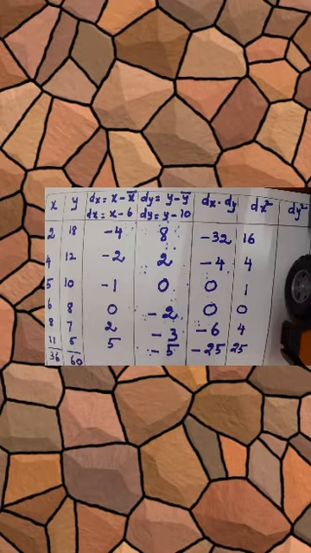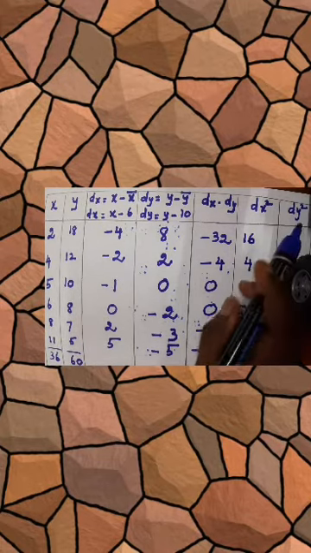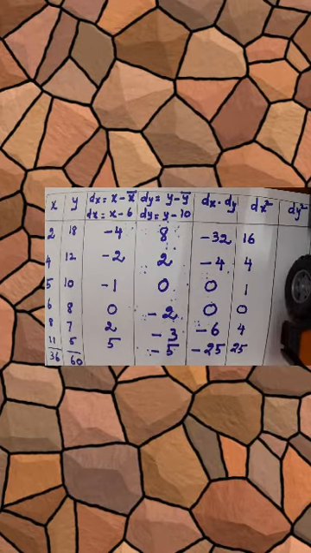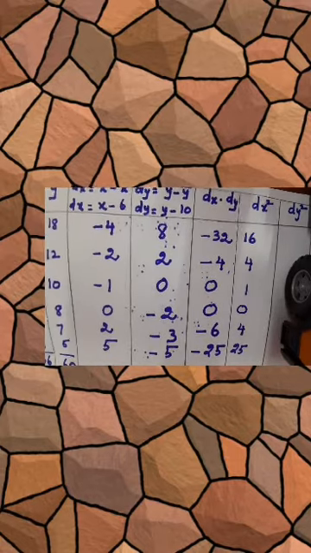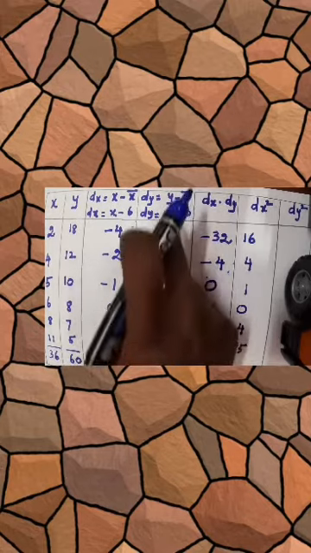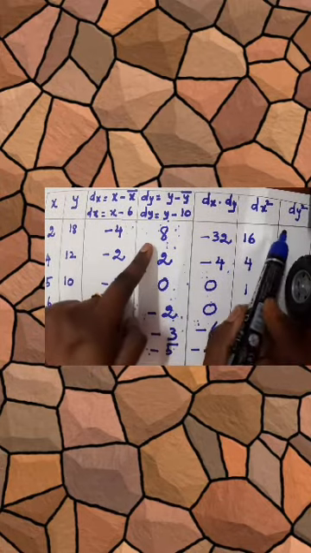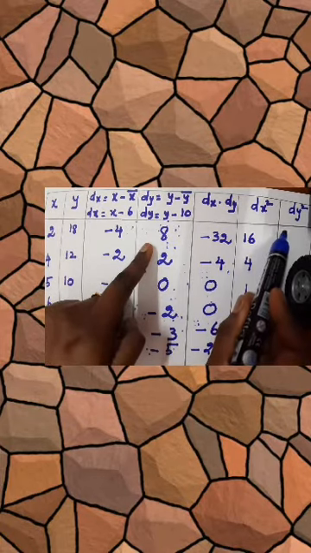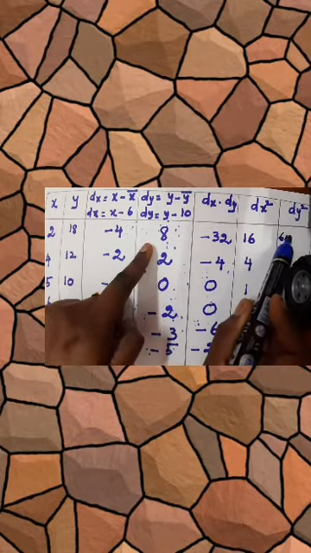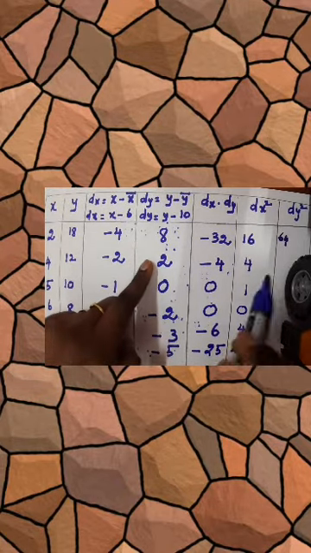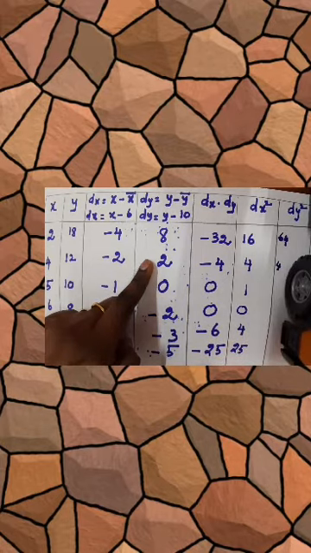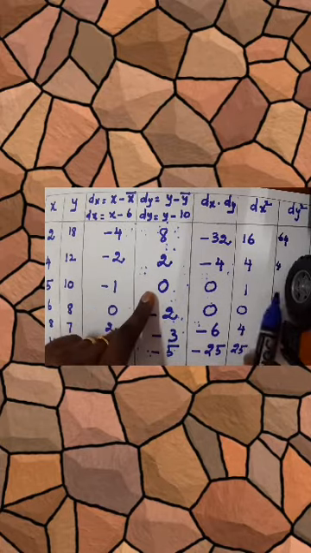Similarly, we have to find dy square. How are we going to do it? We are going to square the dy column. So 8 square will give you 64. Then you have 2 square. 2 square will give you 4. 0 square will give you 0.